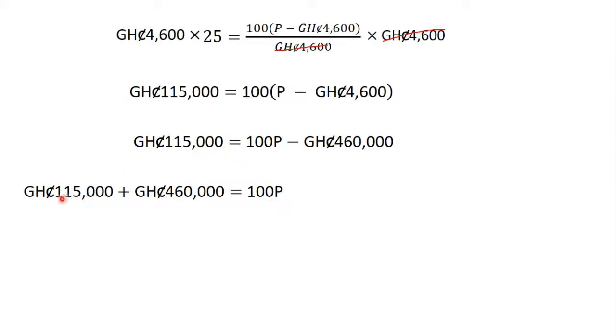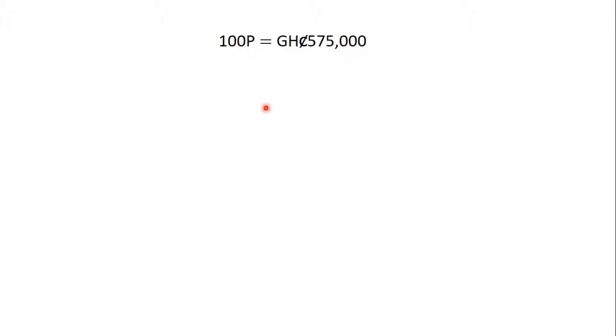We group like terms, so we bring this term over to the other side. You have 115,000 Ghana cedis plus 460,000 Ghana cedis is equal to 100P. When you add these two, you are going to have 575,000 Ghana cedis is equal to 100P. So 100P is equal to 575,000 Ghana cedis.